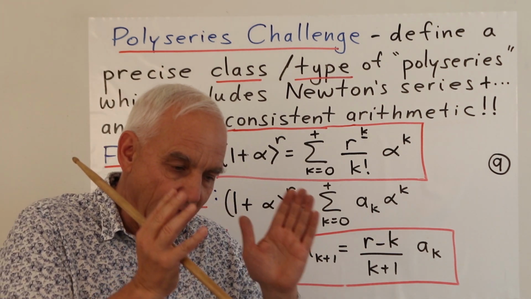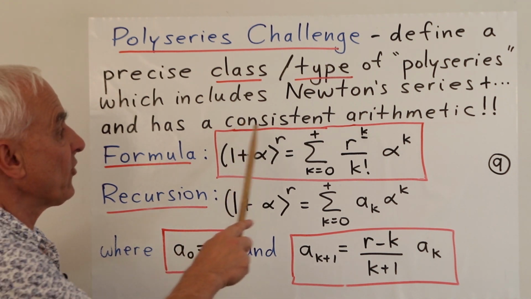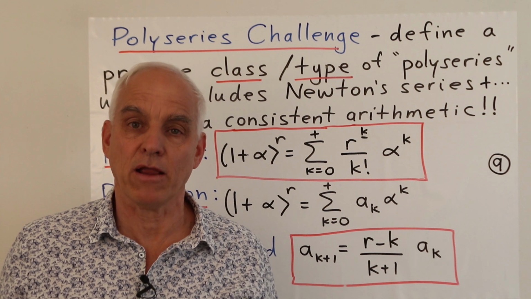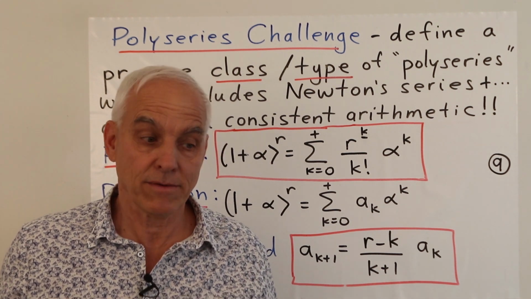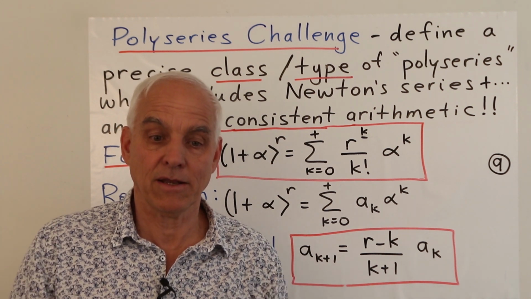So we really want to have an accurate framework here, in which we can do a consistent arithmetic and which includes the Newton's series that we've just been talking about, along with many other series which are commonly used in calculus.